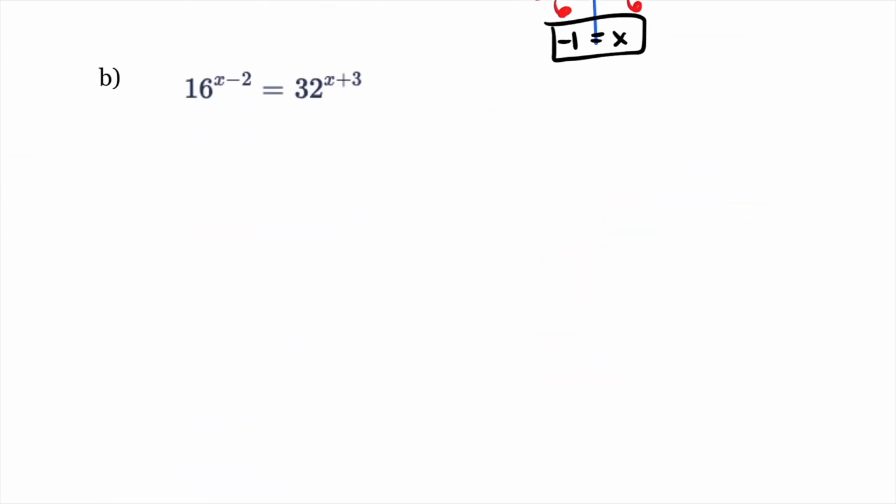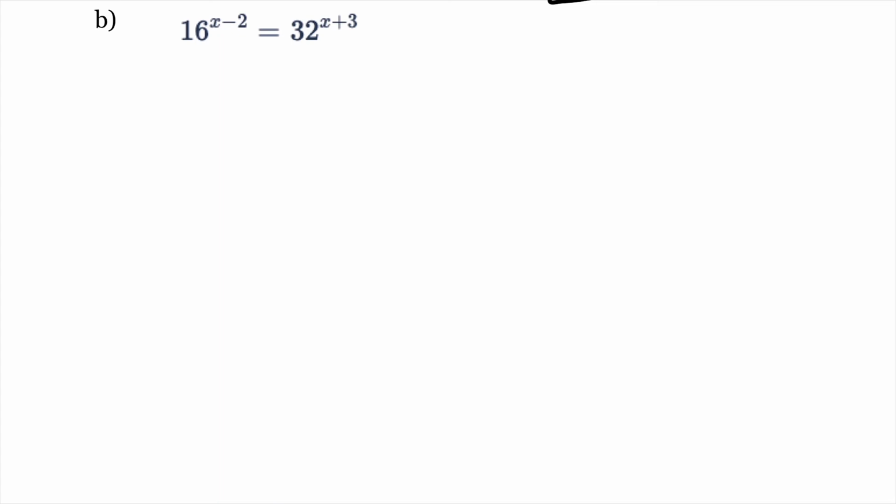All right, now let's look at the next one. Okay, 16 to the x minus 2 equals 32 to the x plus 3. Okay, so 16 and 32 are my bases.